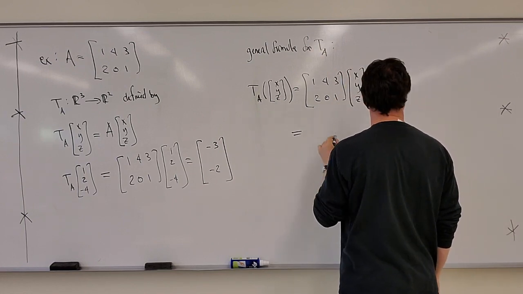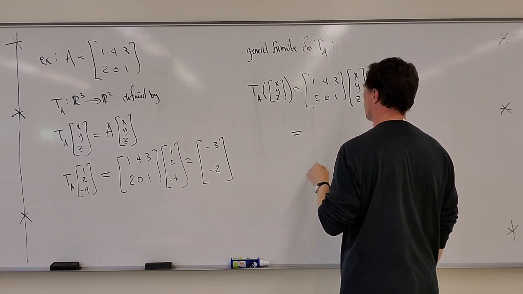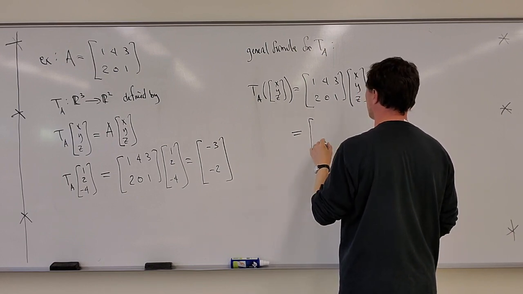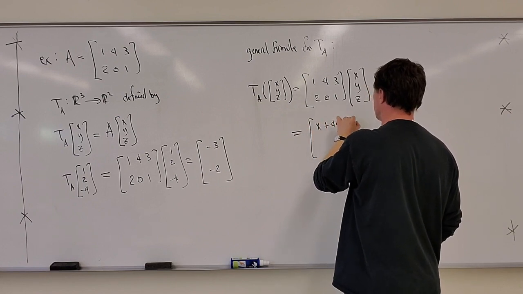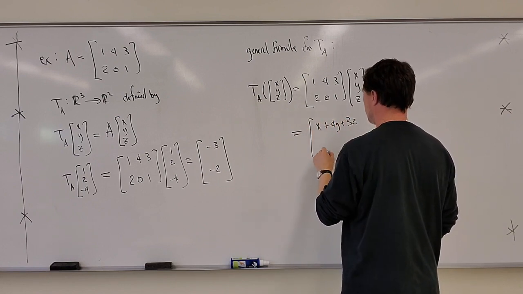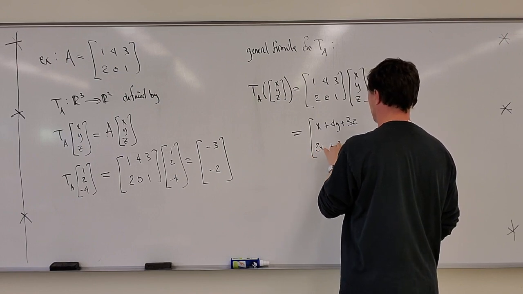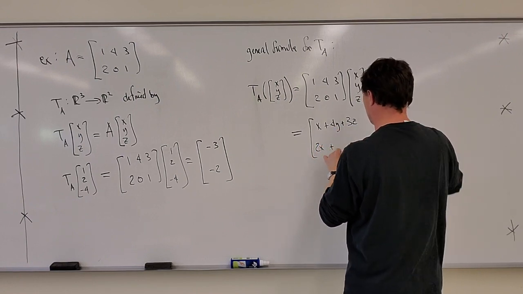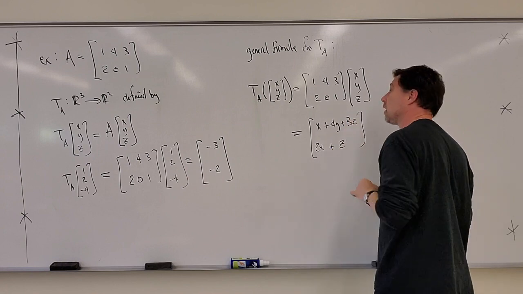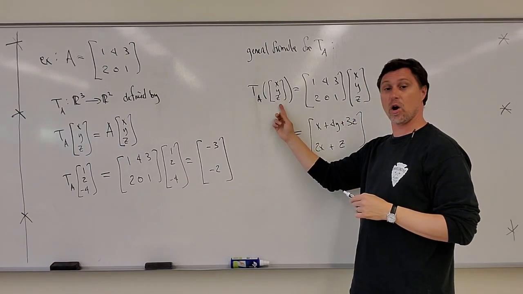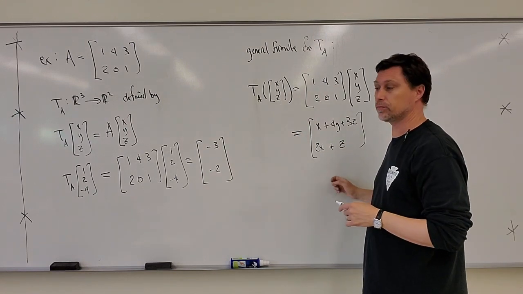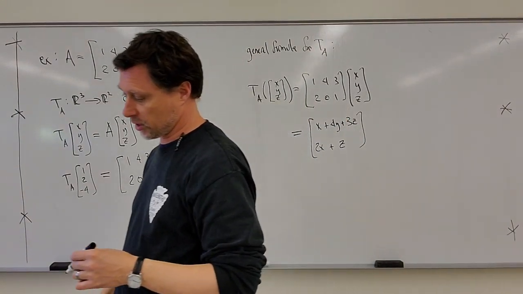And what that's equal to is the vector x plus 4y plus 3z, and then 2x plus z. Right? So here's a formula that tells us how to associate to each vector in R3 a vector in R2. Here's an example of a matrix transformation.